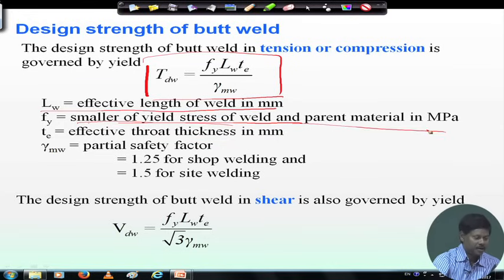And T_e is the effective throat thickness in millimeter.